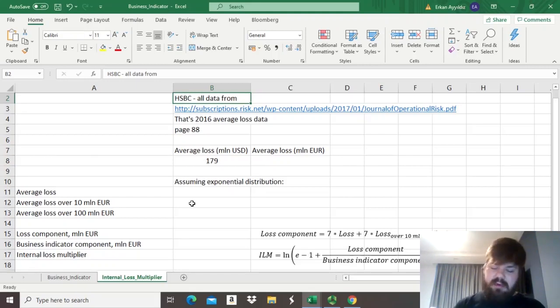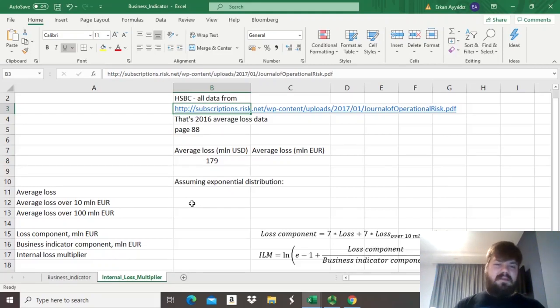And some banks do report their losses in annual reports or specialized disclosure. But even if your bank doesn't, you can find loss data from academic sources. For example, from Journal of Operational Risk, there are papers that deal with this fact and provide at least aggregated data on average losses of largest banks in the world.